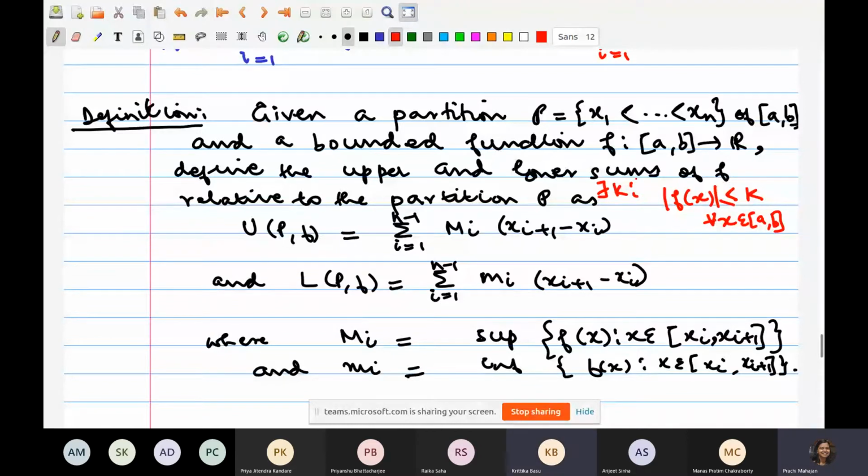So now the next observation is, in particular, this implies that the supremum of f over the ith subinterval is going to be bounded by K. And this is true for each i.